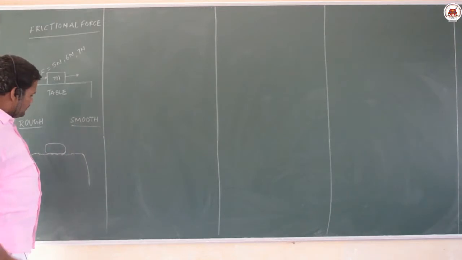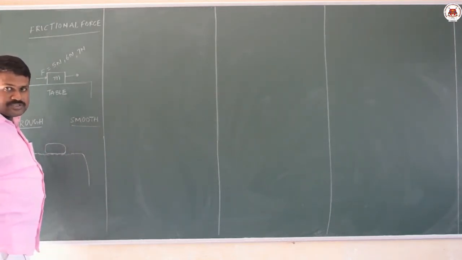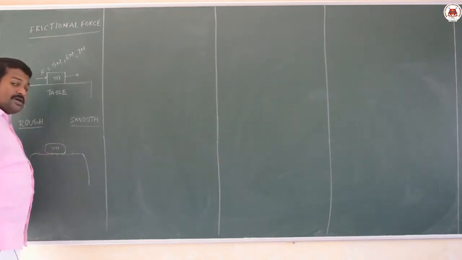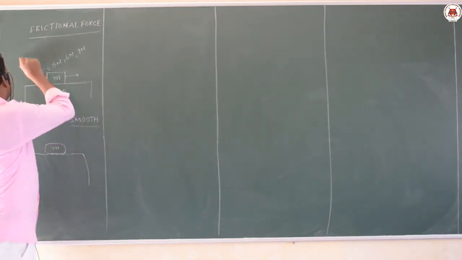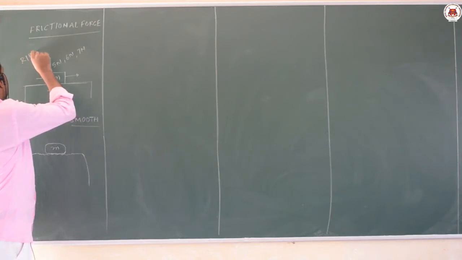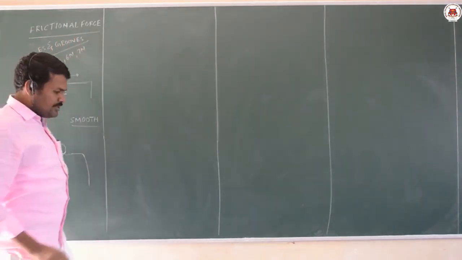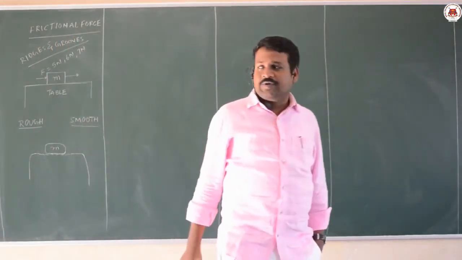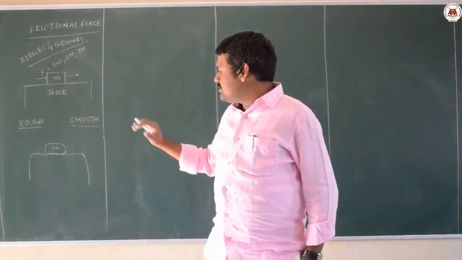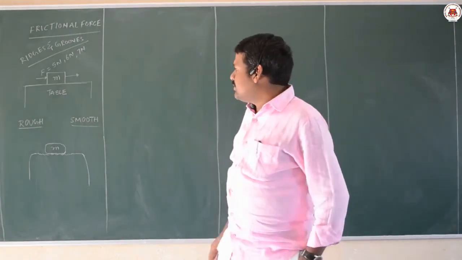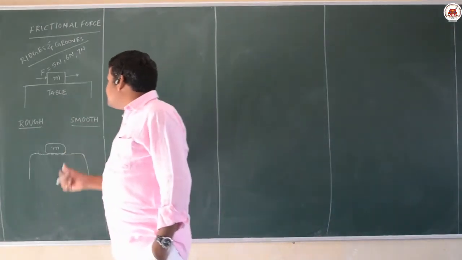Now if you observe this, you can see that there will be some ridges and grooves within the surfaces. Because of those ridges and grooves, what happens? They interlock with each other.